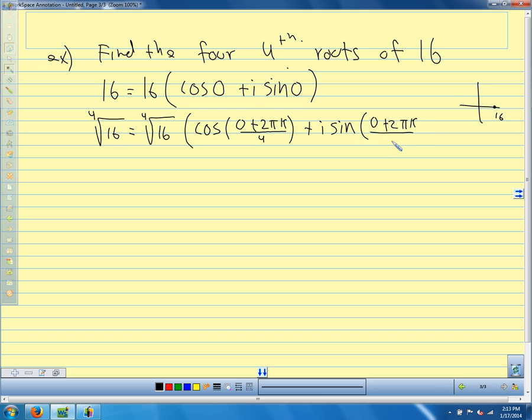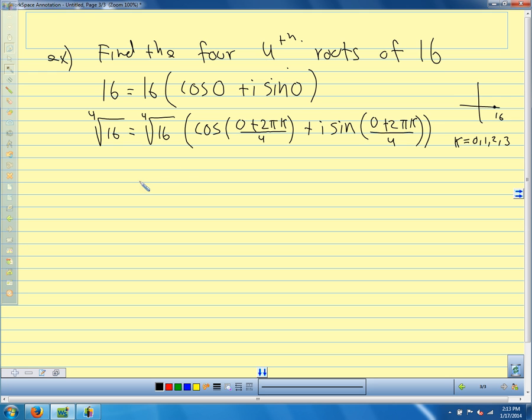So we get all of our coterminal angles over 4. And we're going to let k equal 0, 1, 2, 3. n is 4 here, so we go 0, 1, 2, 3. So we calculate this out 4 times. We'll plug in k equals 0, k equals 1, k equals 2, k equals 3, and we'll get one of our roots from each of those.